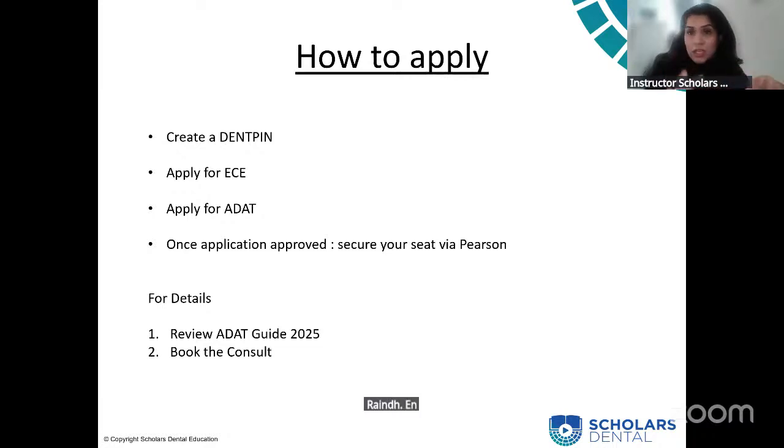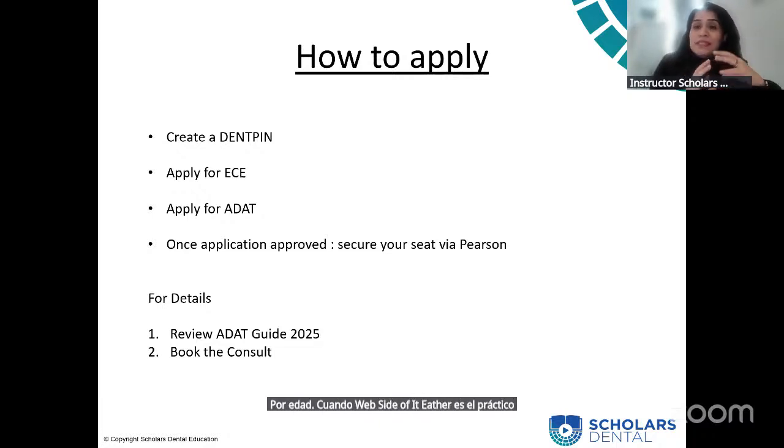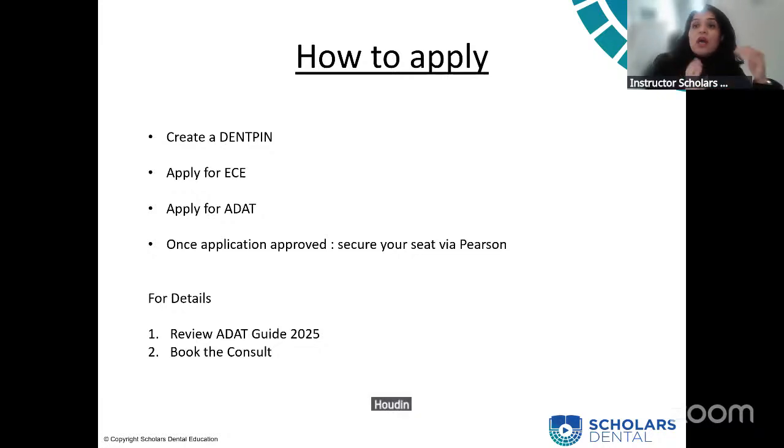This is a nutshell, a summary of everything. If you want to read more in detail, there is an ADAT Guide 2025. If you search for ADAT on the ADA website, there is a practical guide 2025, which has detailed information about how the exam is administered, what the requirements are, and what topics or subjects you are evaluated on.